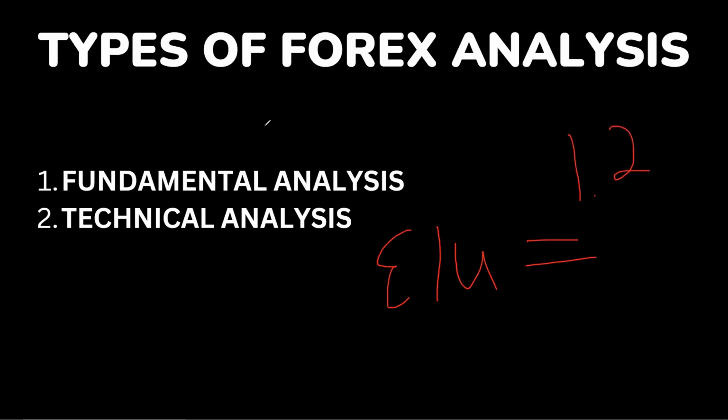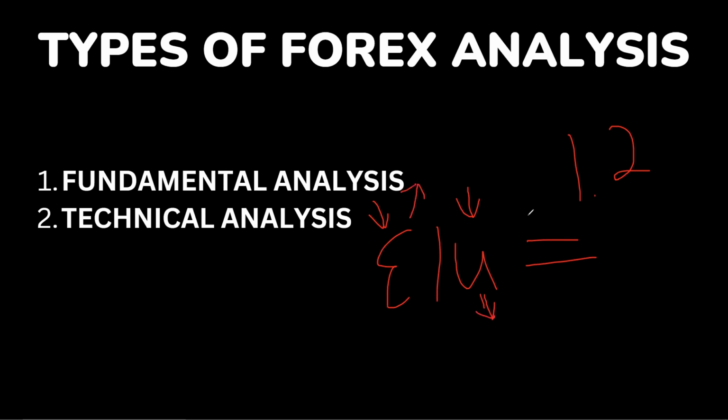Let's say something bad happens in the USA, like war or crisis, that may affect the dollar negatively. If this is euro and this is USD, and the news affected the US dollar negatively, we expect USD to go down, while euro goes up.